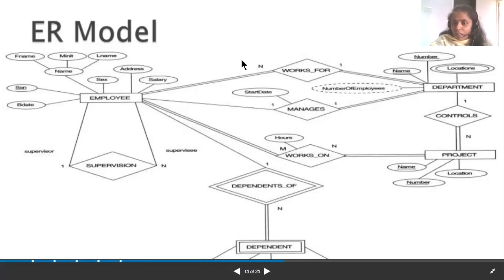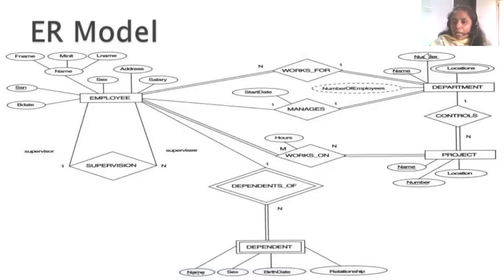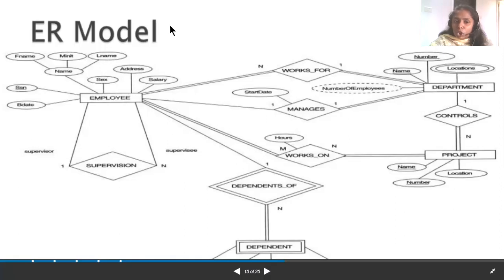So what will be the primary key here on the department side? The number is the primary key. So this primary key, the department number of the department table, will be taken into the employee table as a foreign key.